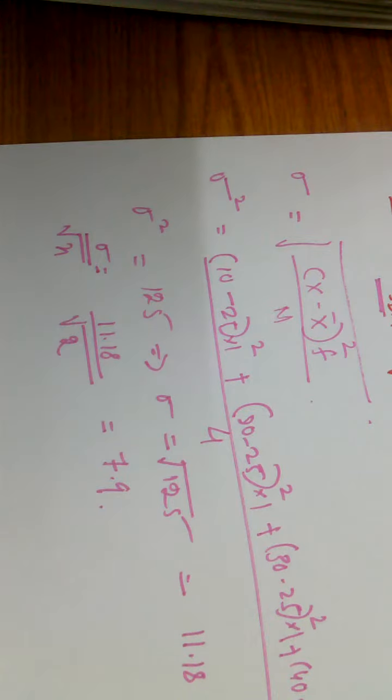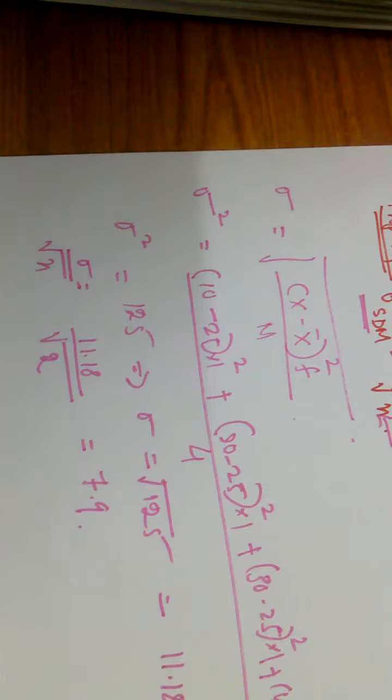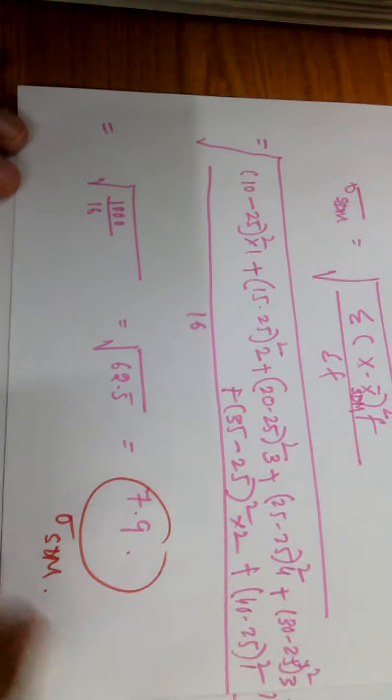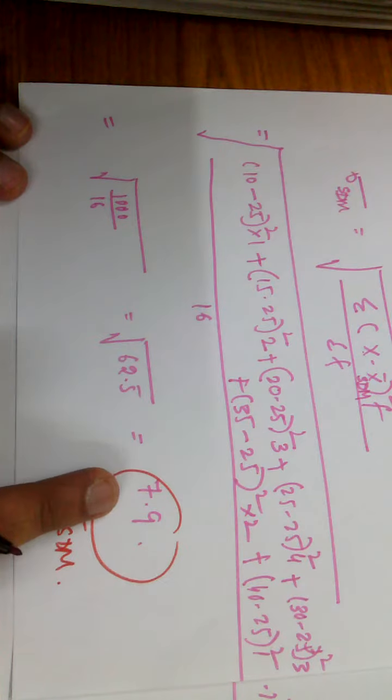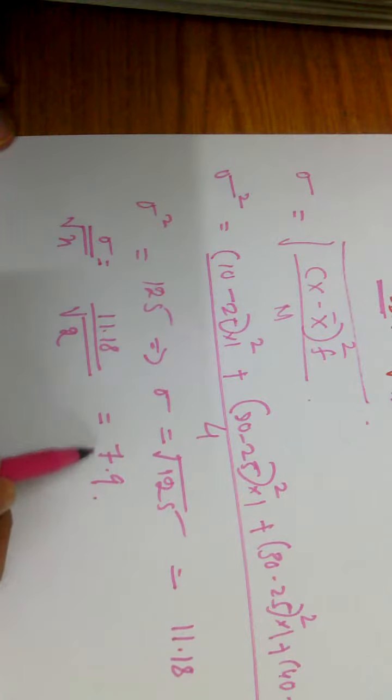And we have earlier determined the standard deviation of the sampling distribution of mean in the previous question, which is 7.9. So here also it is 7.9.